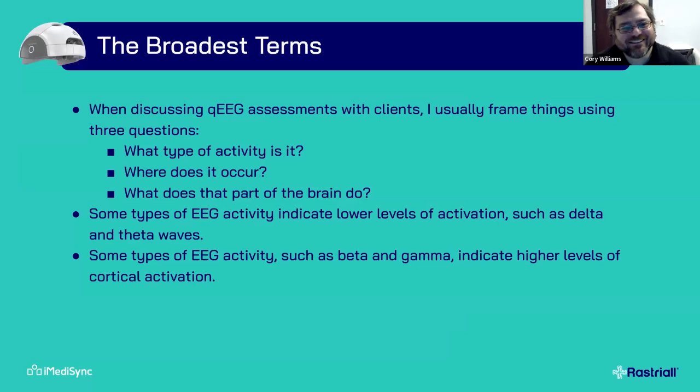So, basically when you're talking to clients, I'm a therapist, so I'm going to talk to them about the story their EEG is telling me. And the EEG does tell us a story. It's going to tell us whether they're fast or slow, what type of activity, where does it occur, because those Brodmann areas that Cory was talking about, that show up on your iSync report, each of those areas, each of the networks is responsible for a different type of processing.